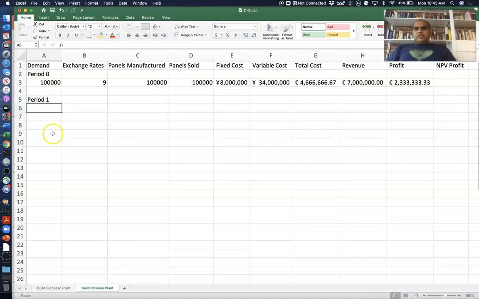1. So period 1. So this is where you have to keep track of the different values of demand and exchange rate. So this will be 1.2 times the demand. So it can go up 20% or it can go down 20%. So as usual, I'm going to write the go up parts first and then go down.